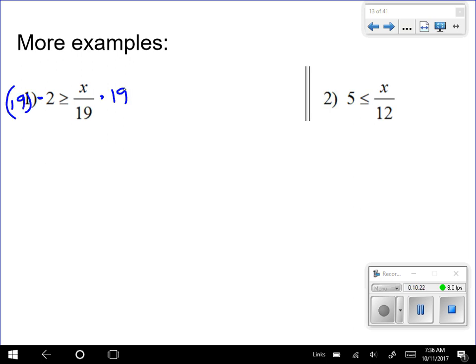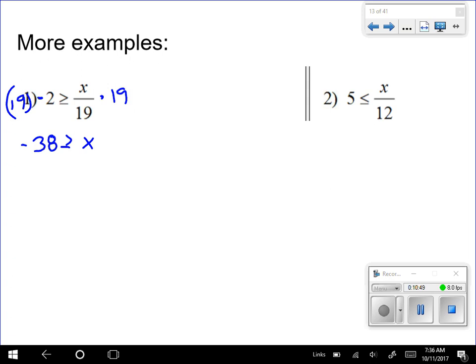No, I did not multiply both sides by a negative 19. I multiplied by a positive 19, so I do not need to switch anything. Okay, negative 2 times 19 is going to give us negative 38. I'm going to leave the sign alone, and we have x by itself.